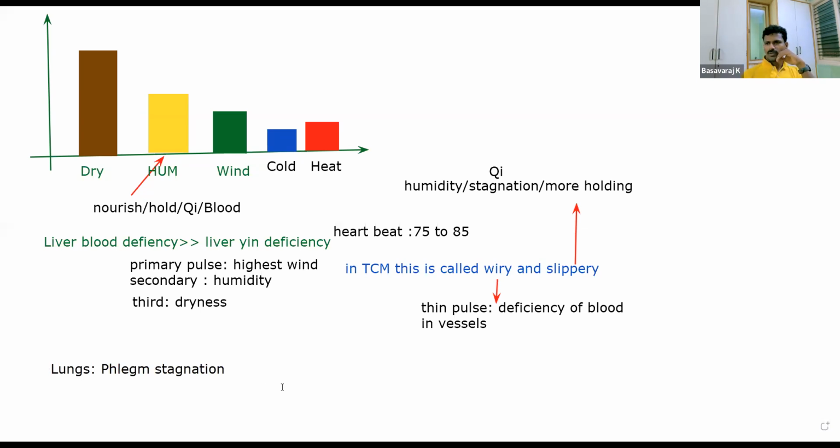So what happens if the humidity is more than dryness? Very good question. Shanti, do you have Nadiswara? No. Then why are you so curious? You are learning acupressure.